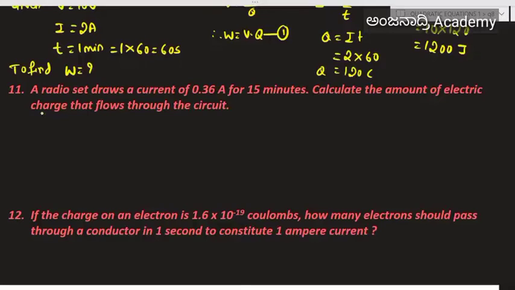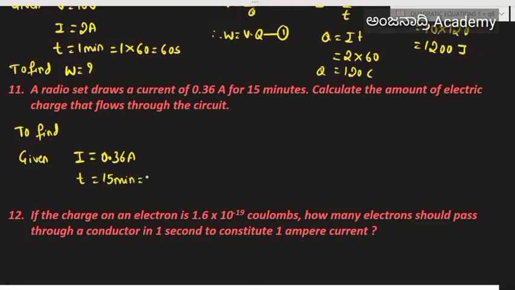Let us move to the next question. A device draws a current of 0.36 ampere for 15 minutes.